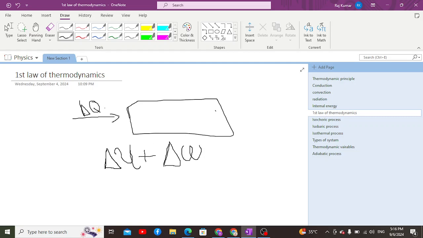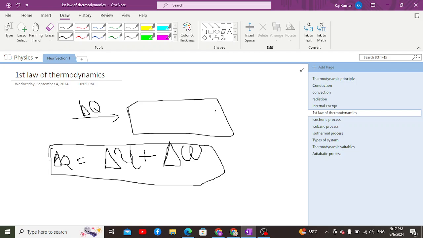So the heat provided is equal to the increase in internal energy plus the work done by or on the system. That is, del Q is equal to del U plus del W, the equation of the first law of thermodynamics. It says that heat is provided, out of which some amount is utilized for the increase in thermal energy and some amount for work done on or by the system.